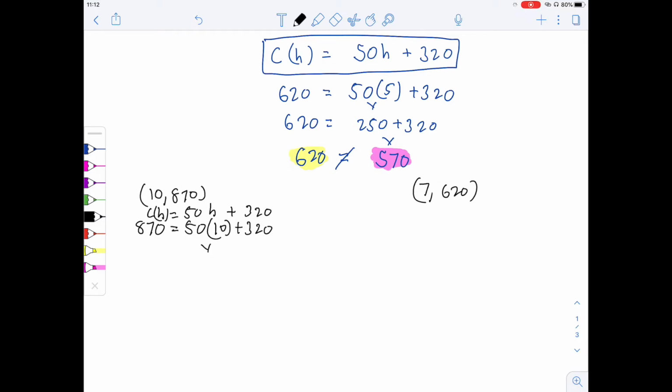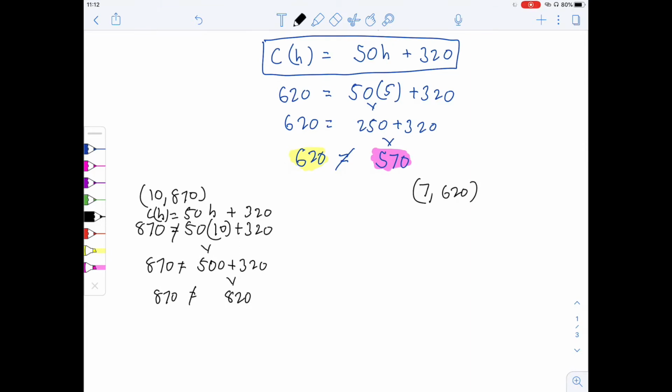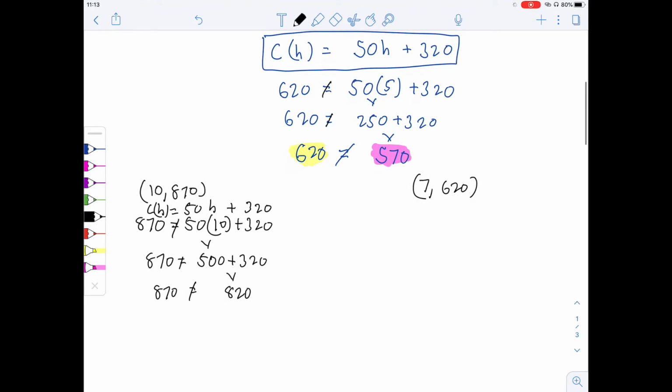Does it come out? 50 times 10 is 500, plus 320, that is $820. Does that work? This is not equal. So he's actually charging you more than he actually worked again. He charged you $870, but it should only cost $820. That doesn't make sense.